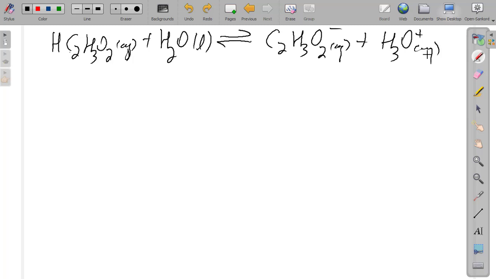So what kind of K expression do we need? We need a Ka. But we'll come back to that, because right now what we need to do is figure out, just like in the problem before, the molarity of this. And when we do, we see that, just like in lecture problem 5, the 0.063 moles of acetic acid dissolved into 8.21 liters of solution gives us a molarity of 0.007673569 molar.